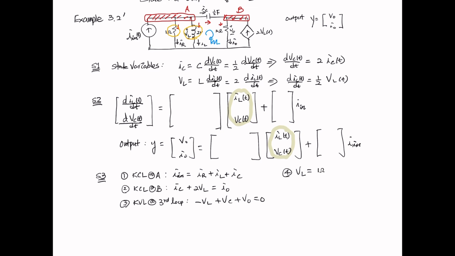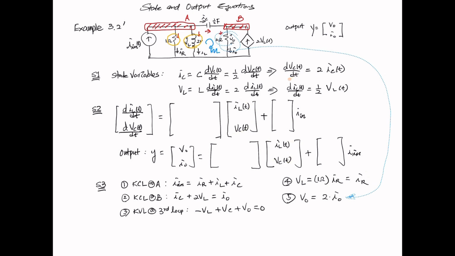So V_L is 1 ohm times I_R, which is I_R. And then we have V_o, and V_o is 2 times I_o from here.